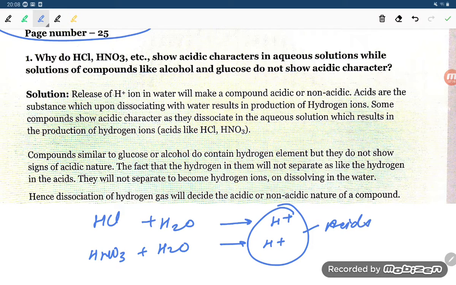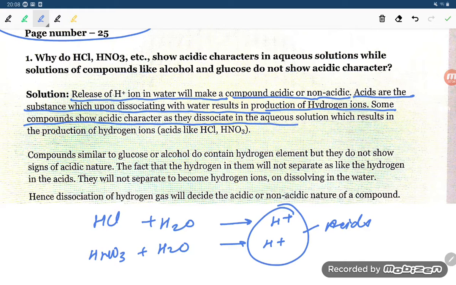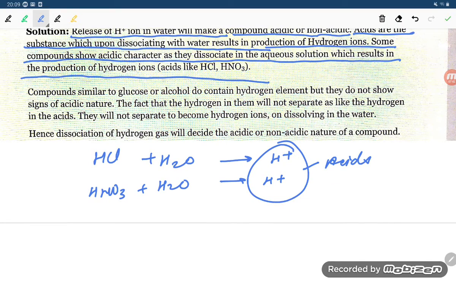So you see, release of H plus ions in water makes the compound acidic or non-acidic. Acids are substances which, upon dissociating in water, result in the production of hydrogen ions. Some compounds show acidic character as they dissociate in aqueous solution, producing hydrogen ions, like HCl and HNO3.